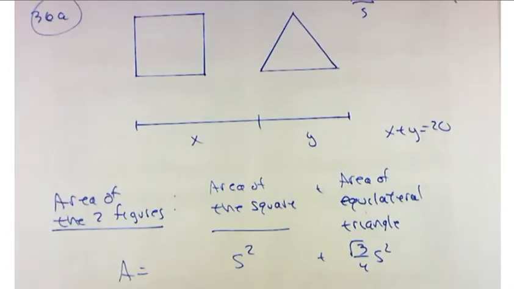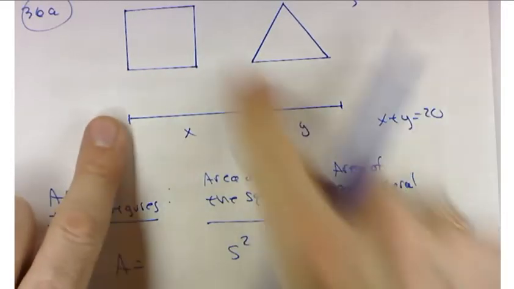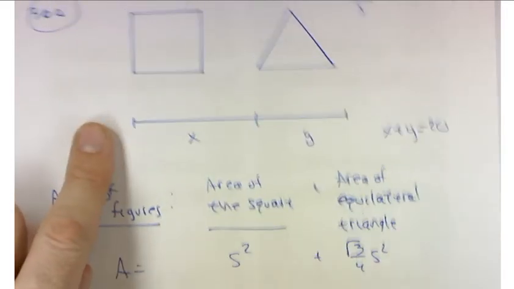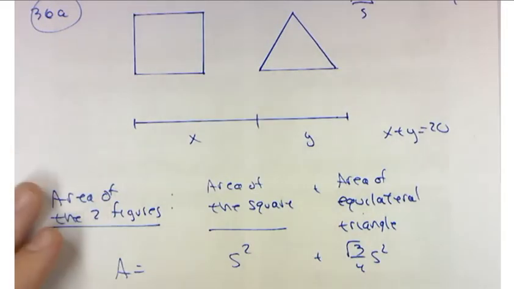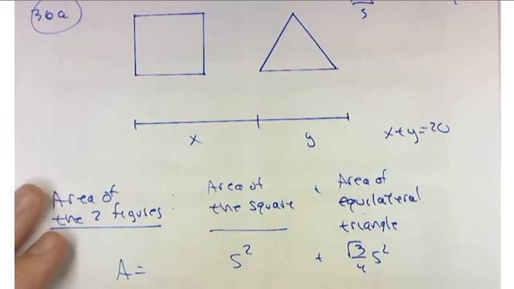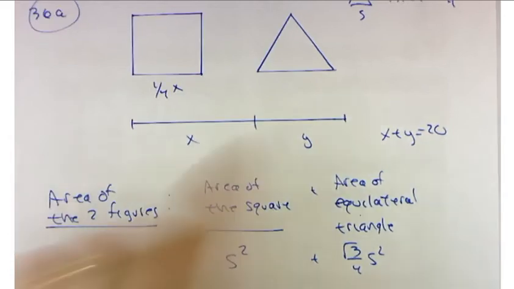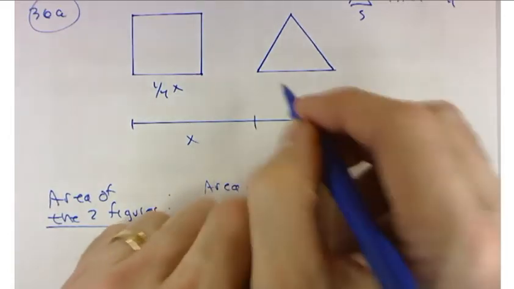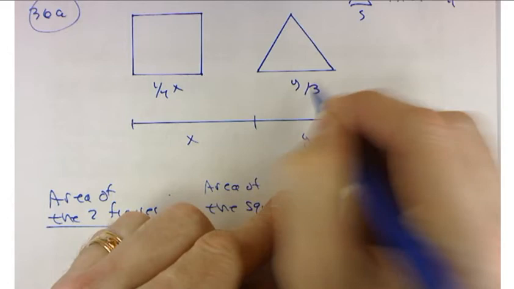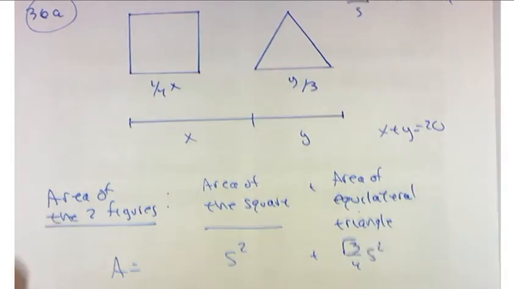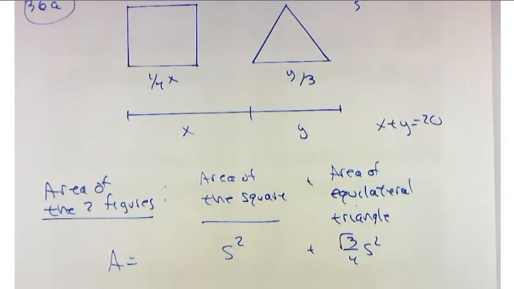If x is the whole perimeter, what's the length of each side? 1/4 x. And this is going to be y over 3. So that's the length of the side for the triangle.